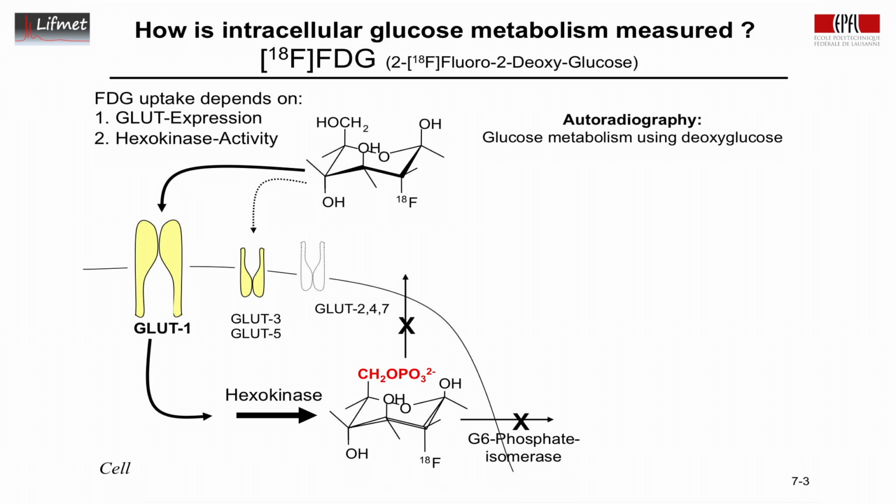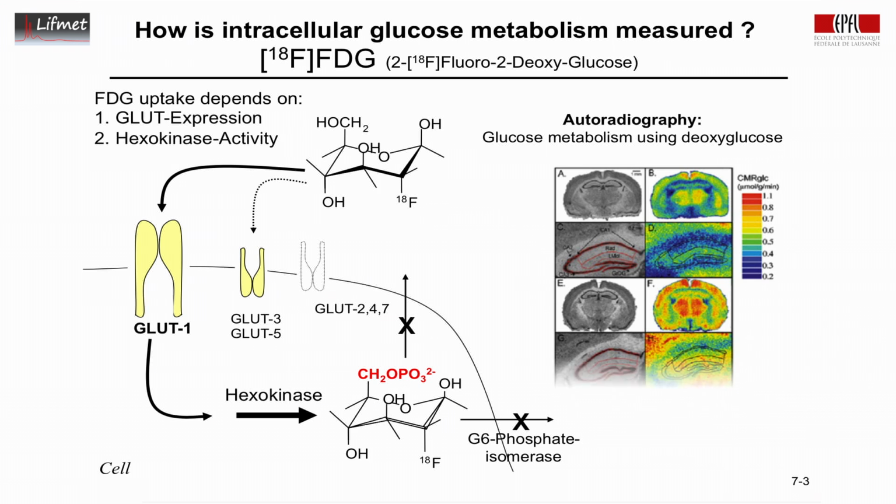Now, to give you an example here, we'll take actually not FDG, but we'll take another deoxyglucose, the C14 or tritiated deoxyglucose. And the technique used here, the examples I'm giving, is autoradiography. So what we're looking at here are images of the brain in grayscale. These are brain slices, so the brain has been harvested, cut into thin slices.